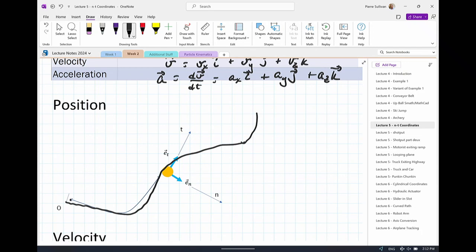When dealing with a normal tangential coordinate system, I do not care about the location. I'm only going to define things with respect to magnitude. So S is magnitude, and it's always positive.